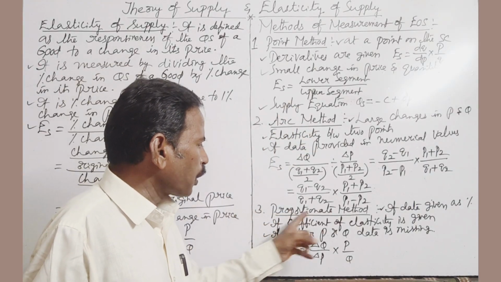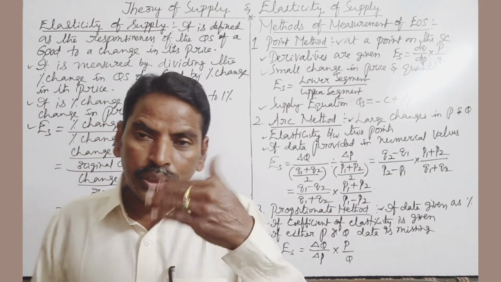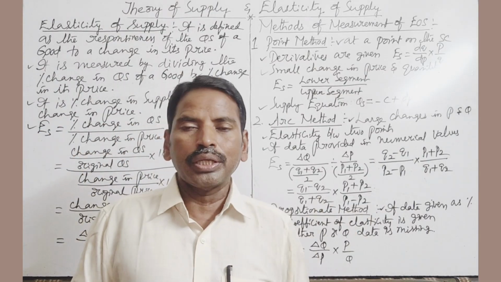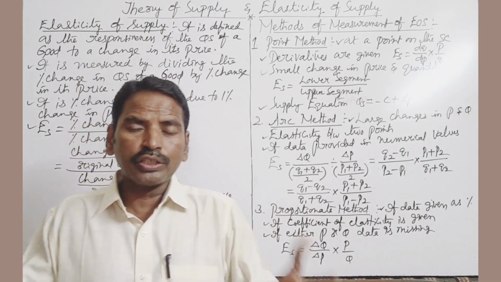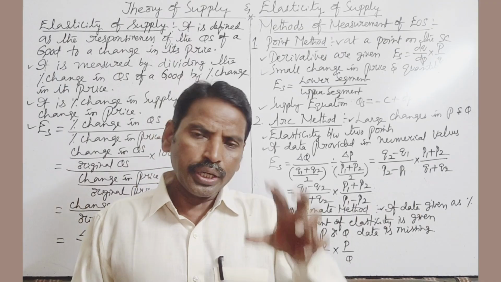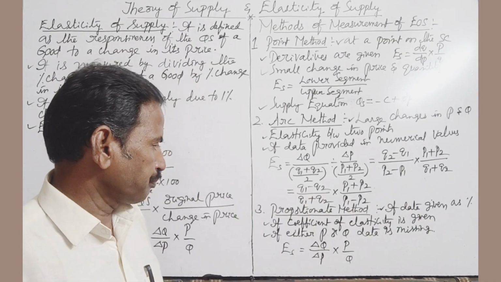Next, third one is proportionate method. Also called percentage method, ratio method, flux method, arithmetic method, introduced by Alfred Marshall.